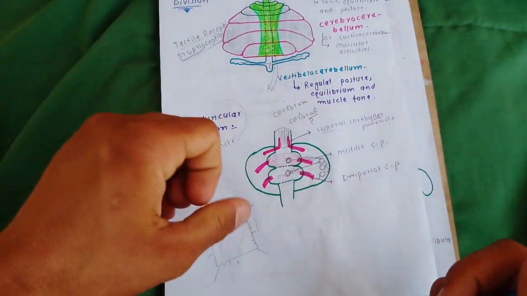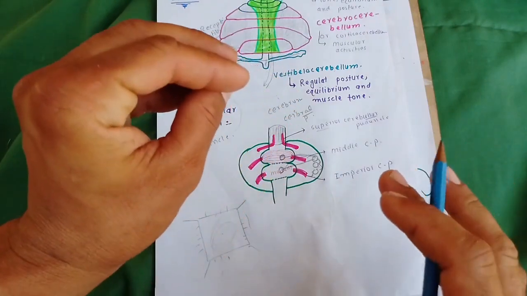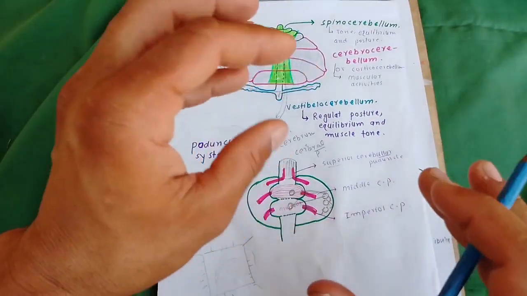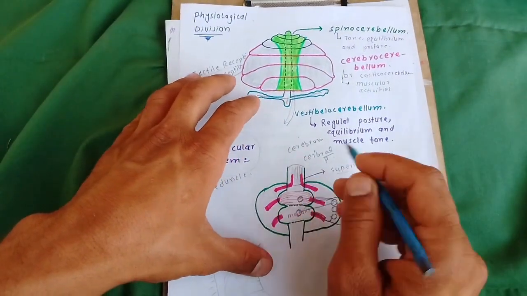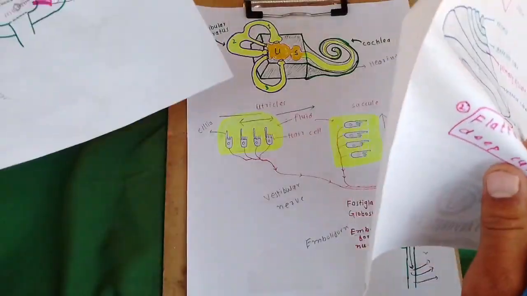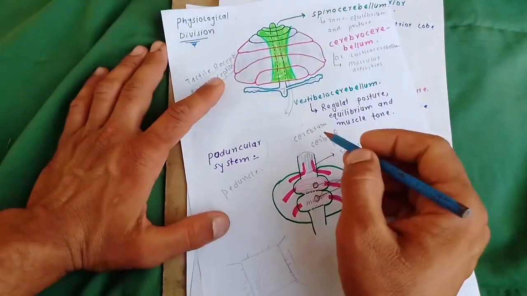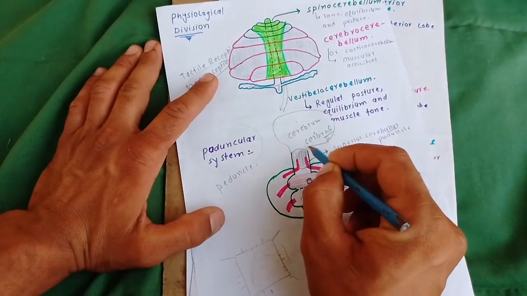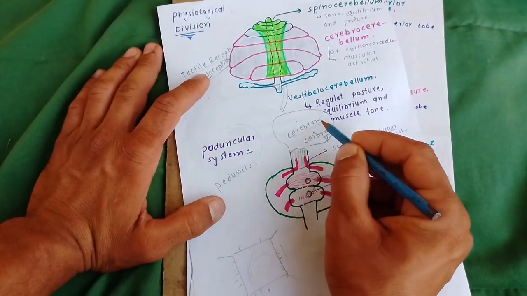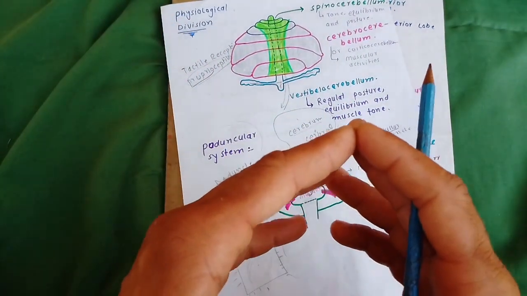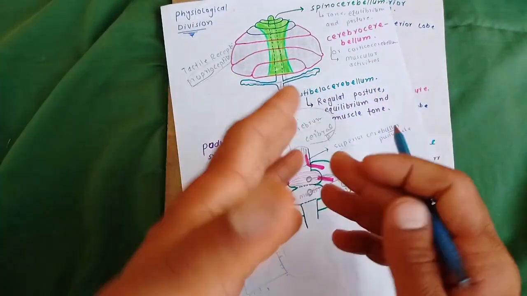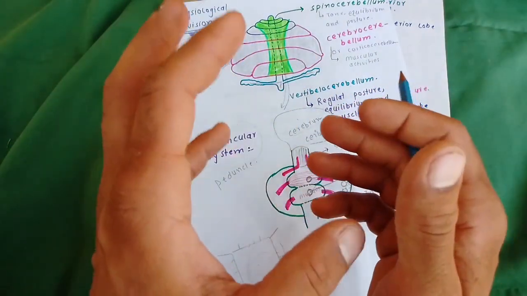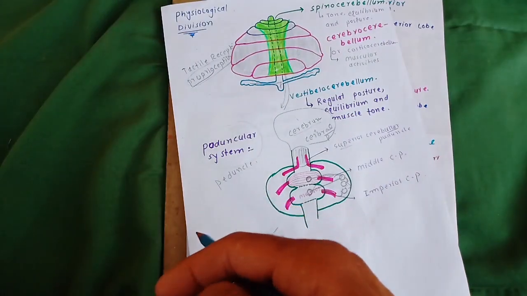During damping motion, as we know, here is the cerebrum. The cerebrum of the forebrain has a specific motor area which initiates all motor activity for muscular action.